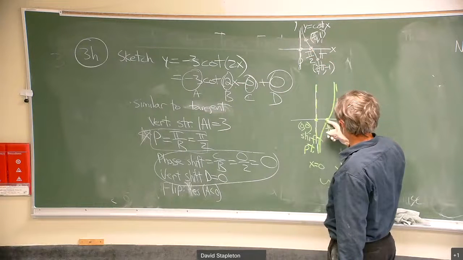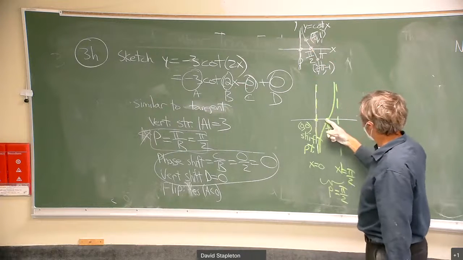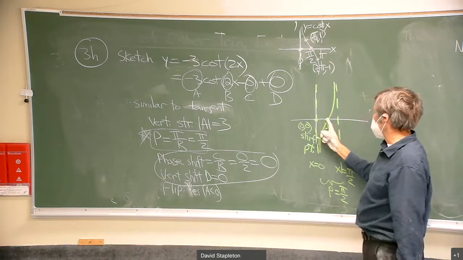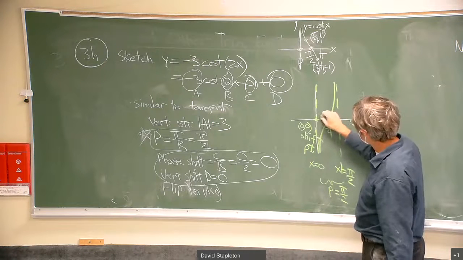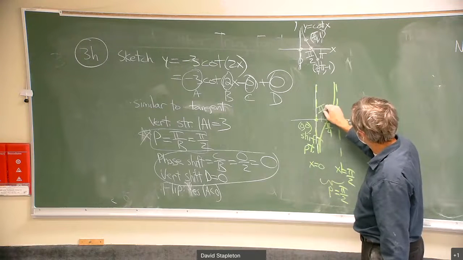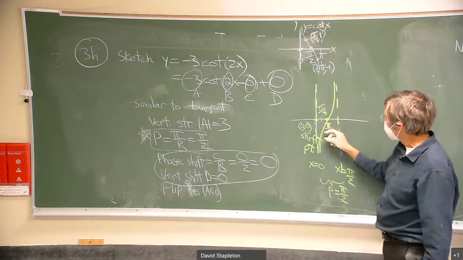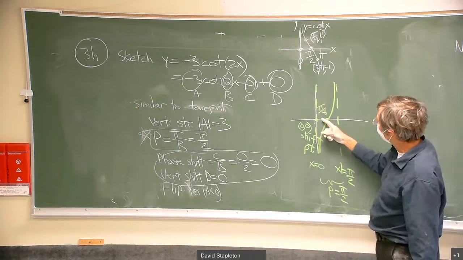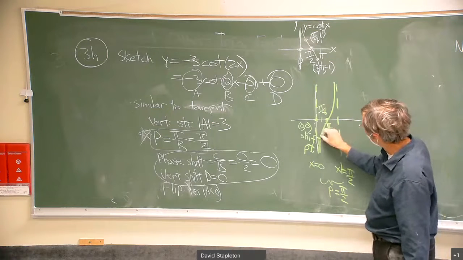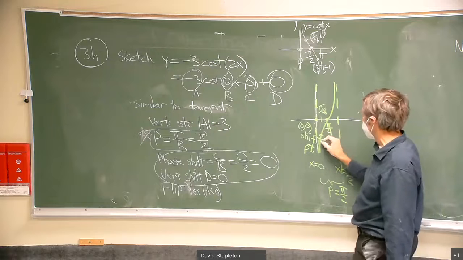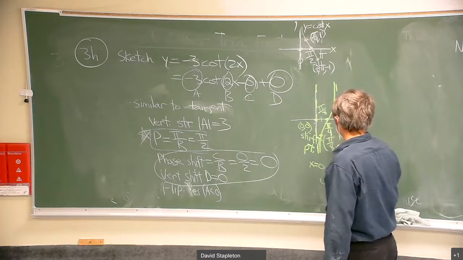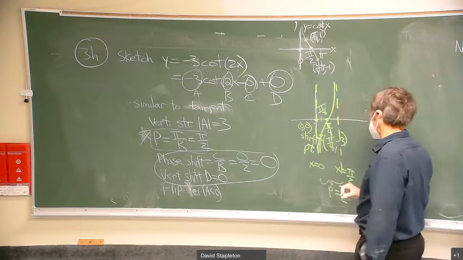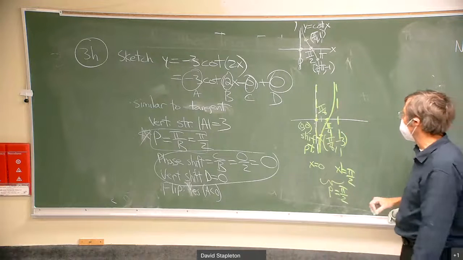So here, when we're halfway between where it crosses the midline and the asymptote, that'll be, let's see, pi over 8 is halfway between 0 and pi over 4. It has to be the stretch factor off, so this will be the point pi over 8, -3, because the stretch factor was 3, it has to be 3 units down instead of 1.